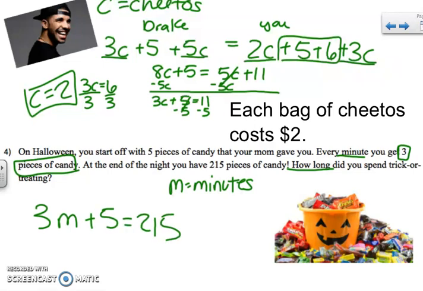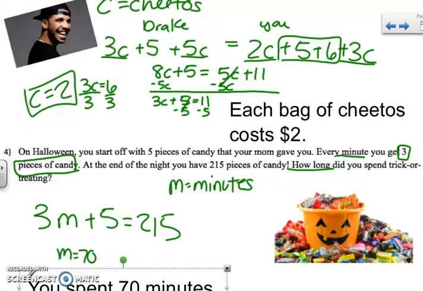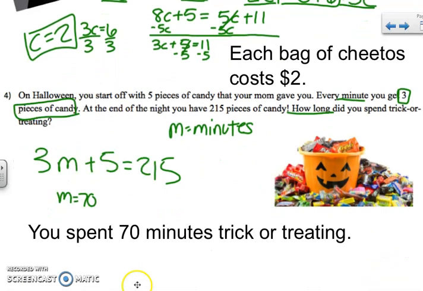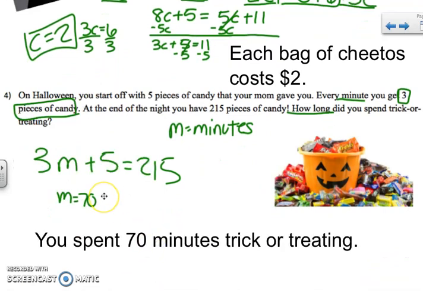And then once you solve that problem, you should have got 70. And then what that means is you spent 70 minutes trick-or-treating. So if you do not understand that, please raise your hand, and I can come help you out with setting it up or anything.